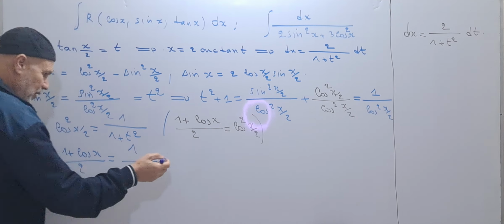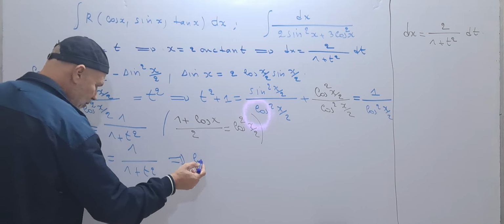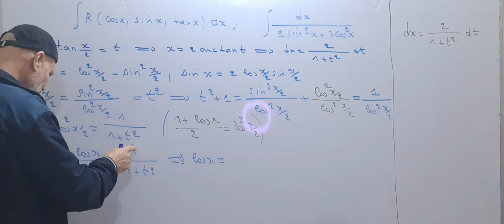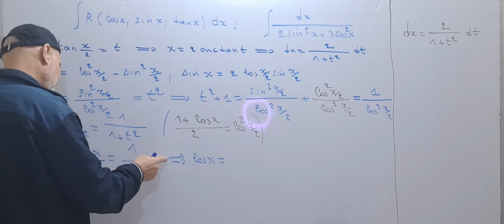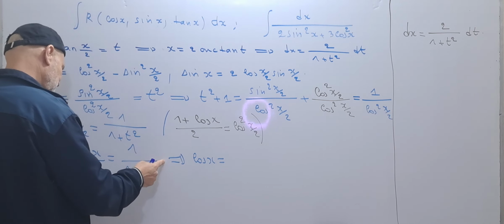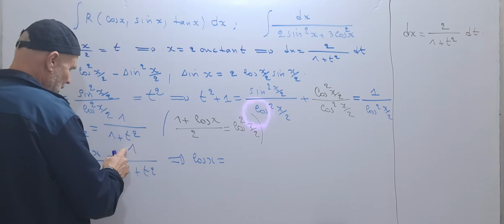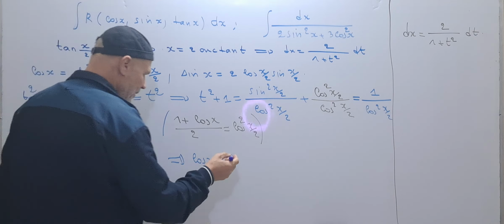Which implies that cosine x is equal to 2 minus 1 minus t square over 1 plus t square, so 1 minus t square over 1 plus t square.